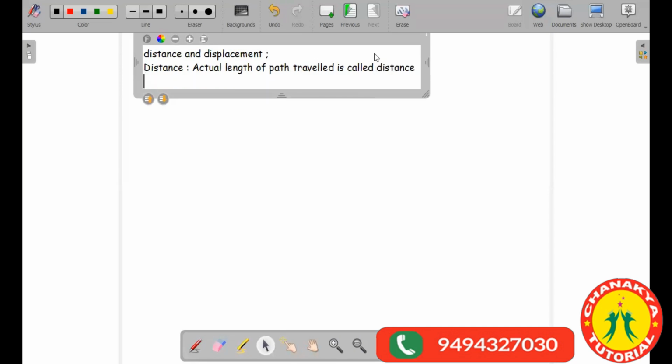And if you look at displacement, displacement is the length of the shortest path.